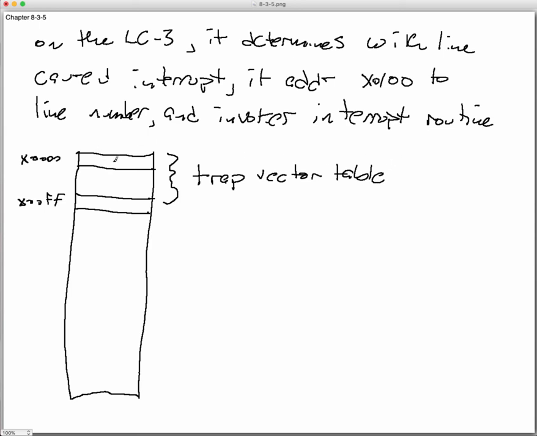This contained the address for where the code was for trap 0. The next one, this contained the address for where the code was for trap 1, all the way up to trap 00FF. Well, it turns out over here, from here all the way up to here, this is called the interrupt vector table.